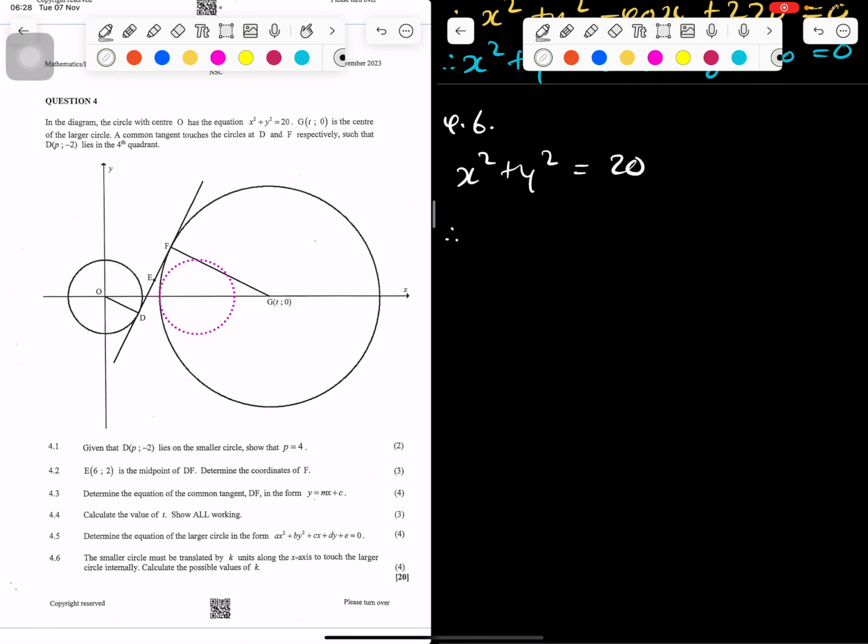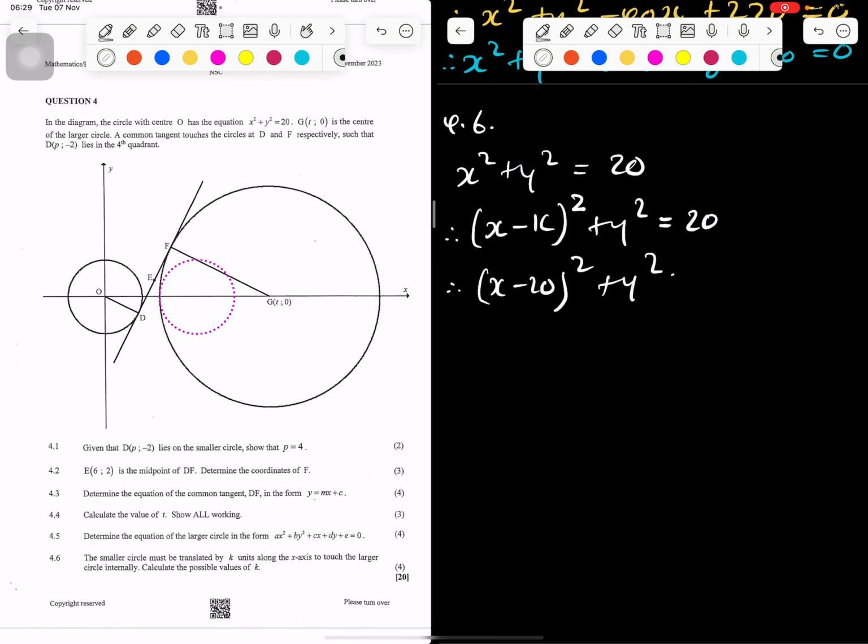So now we have affected the movement on the x-axis, which is it moved to the right. That means it's going to be (x minus k) squared plus y squared is equals to 20. The largest circle, remember, has the equation (x minus 20) squared plus y squared is equals to 180. This is the bigger circle.